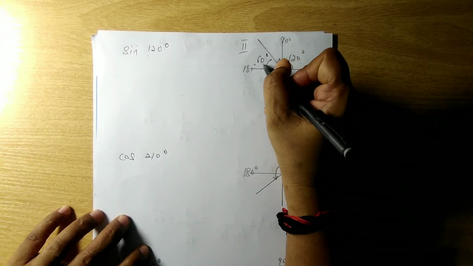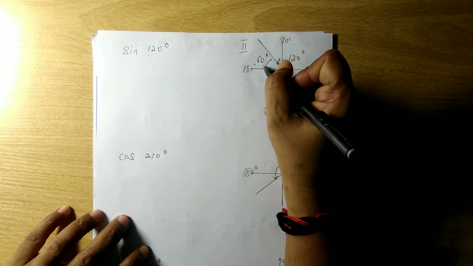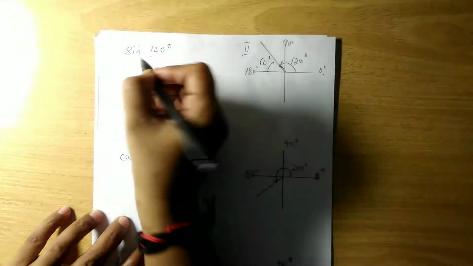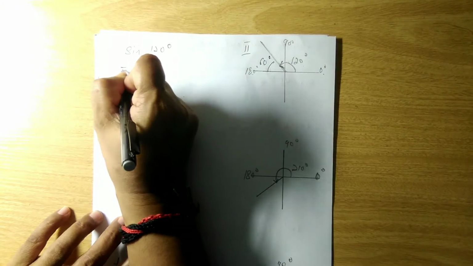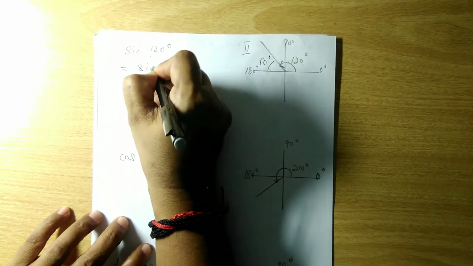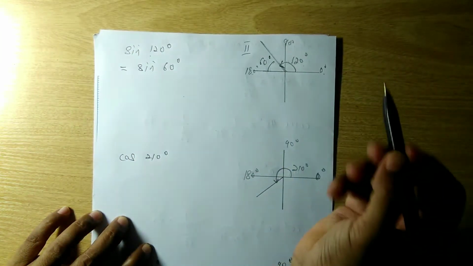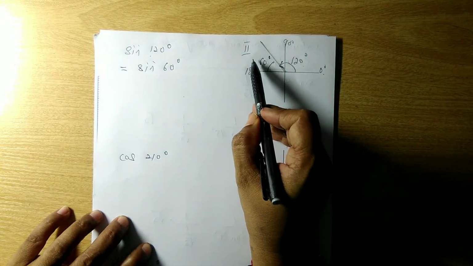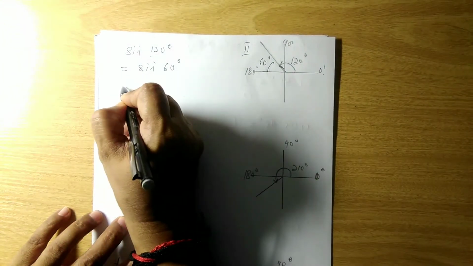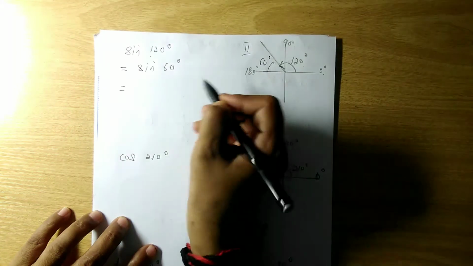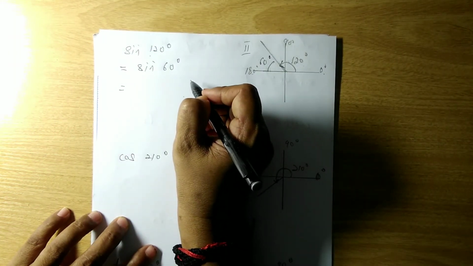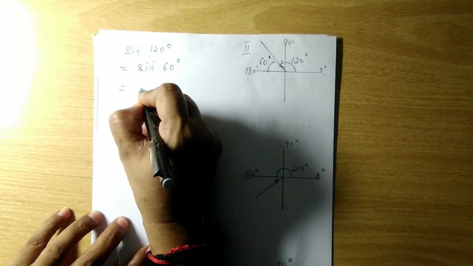Yeah? So I put it down here. So this is actually equal to sine of 60 degrees. And sine being in the second quadrant, your sine is positive. So sine of 60 degrees will become square root of 3 over 2. And it's positive because sine is positive in the second quadrant.